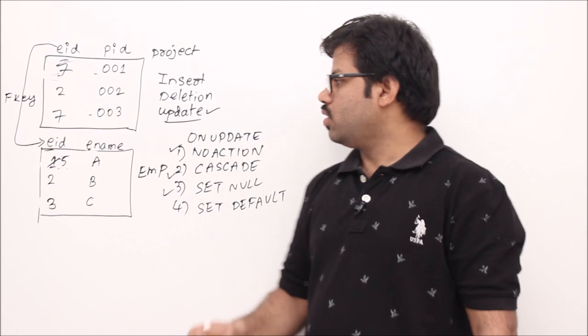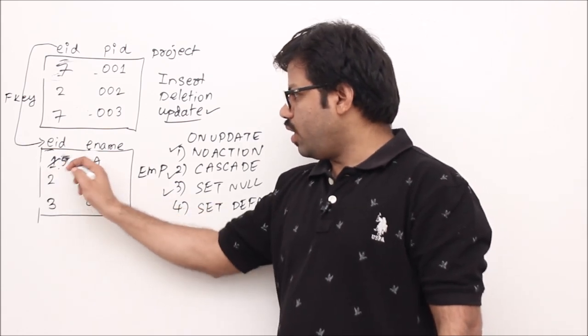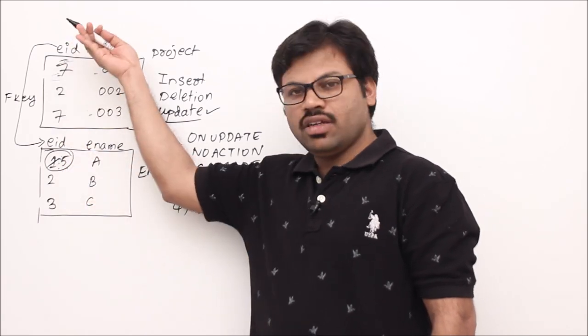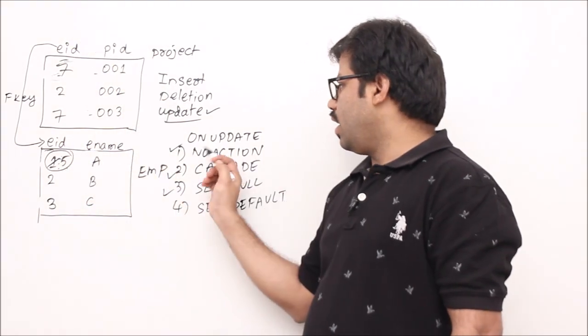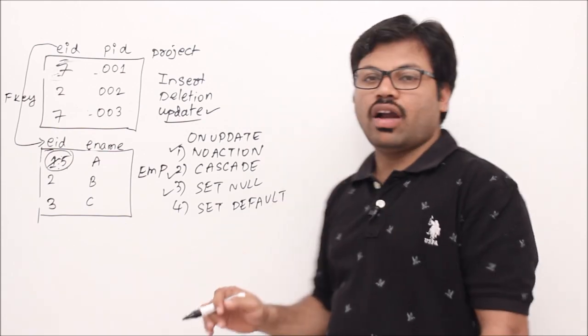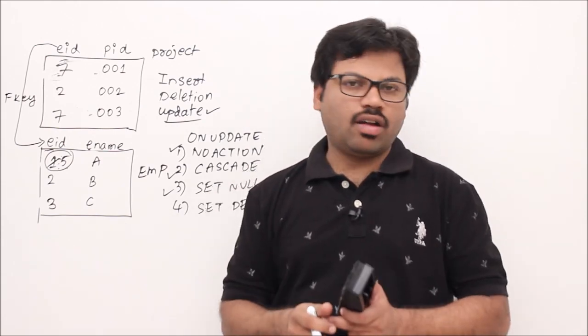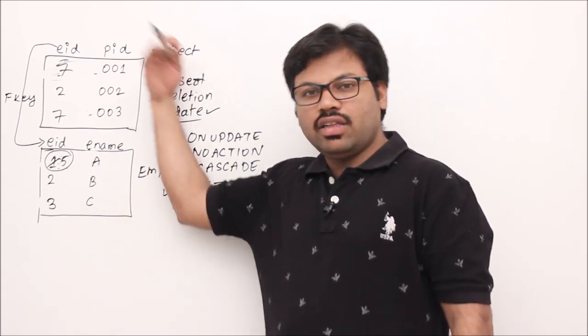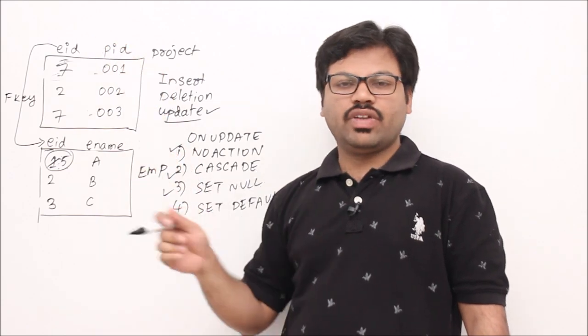Let's summarize. If you are updating a value which is referred to by the project table, then with on update no action, that is not allowed. Second, on update cascade: your updation will be allowed, but all the corresponding entries will also be updated with the same value.